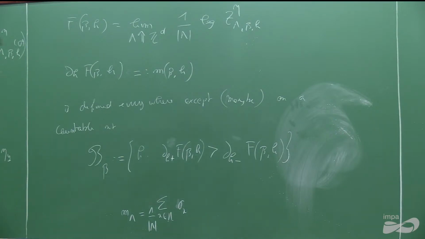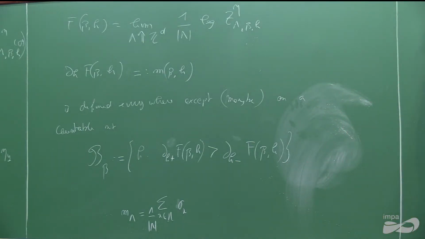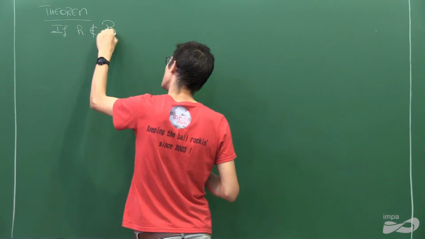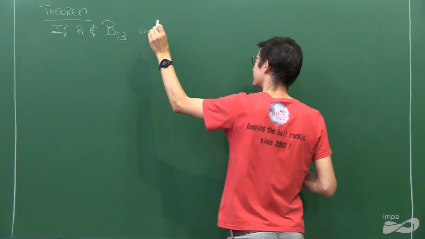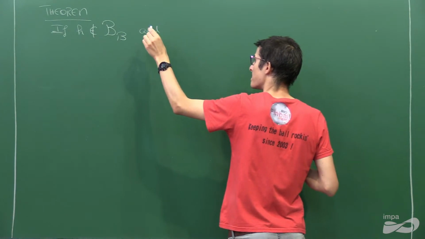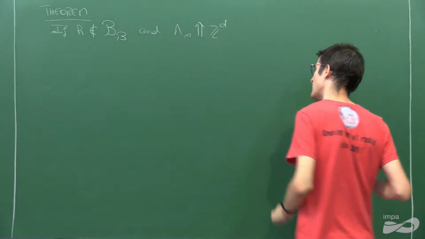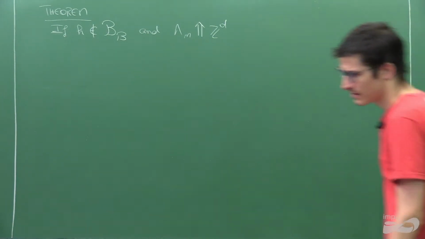So the theorem is: if h does not belong to the special set, and Lambda_n exhausts Z^d in the Van Hove sense, then we have the following.